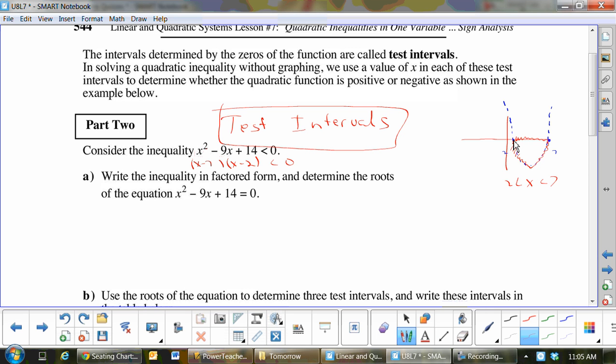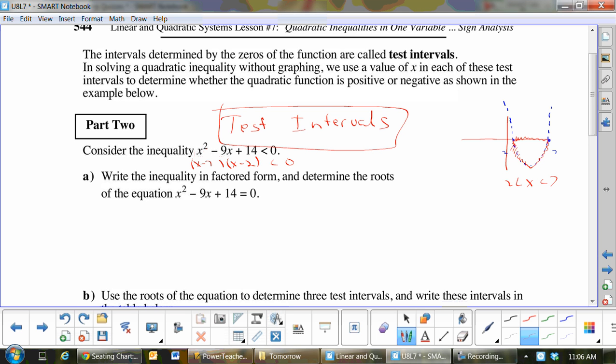What happens to the graph? It changes from being positive y's to negative y's. Then it goes negative y's to positive y's, and it does that all the way to infinity. So there are 3 intervals here: from negative infinity to 2, 2 to 7, and, sorry, 7 to infinity. Those are my 3 different intervals.